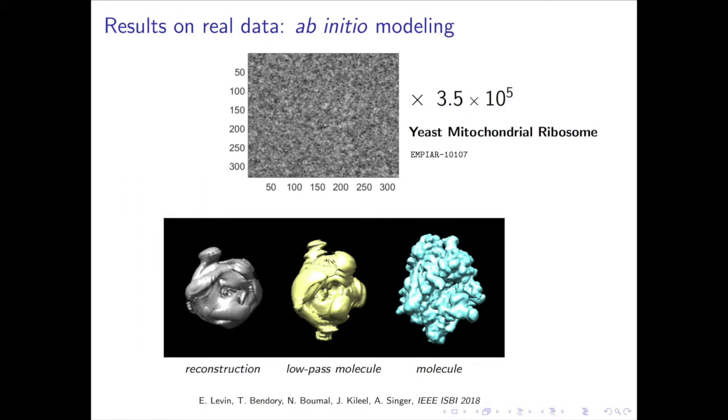It's not giving you exactly the yellow. It's certainly not giving you the full high resolution molecule at our current stage of development. But it is, I think, giving you a good ab initio model. So if you were to take the gray and plug it into iterative refinement, I think that's better than choosing an initialization in some biased way.